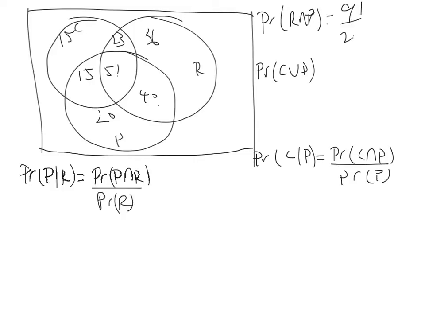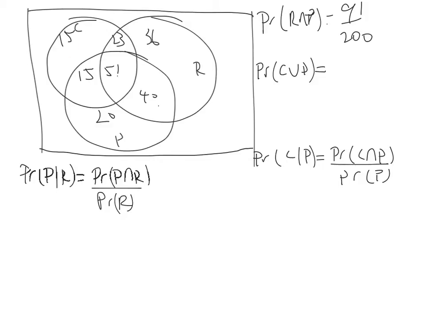91 over 200. Now, for C union with P, what we're looking for is anything to do with C or P. So we have a look for that. In C, we've got these four. In P, we've got these four. Now, it's really important that we don't double up.